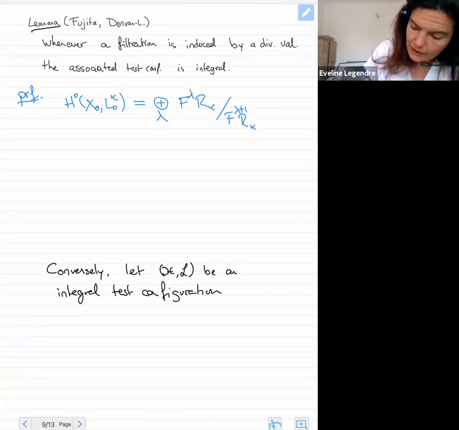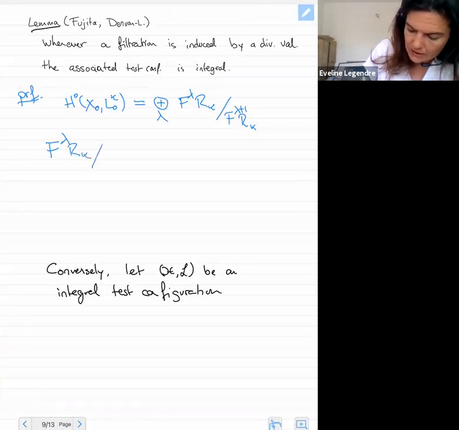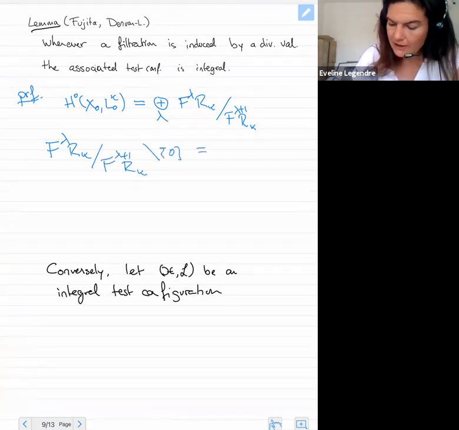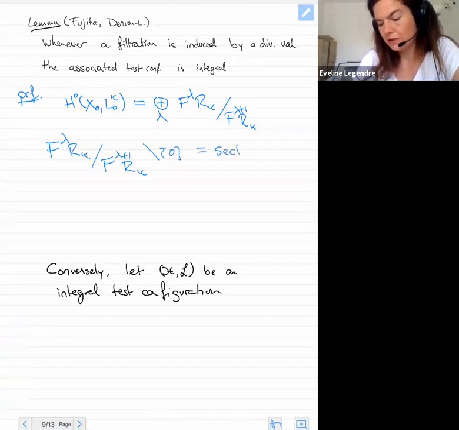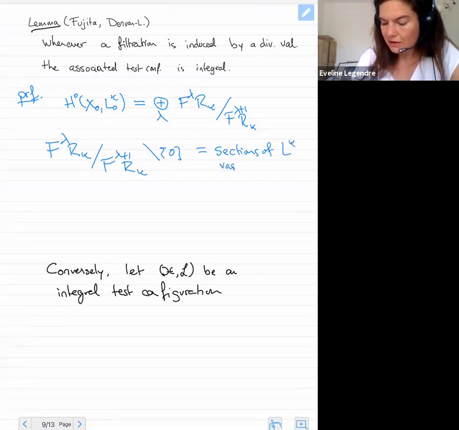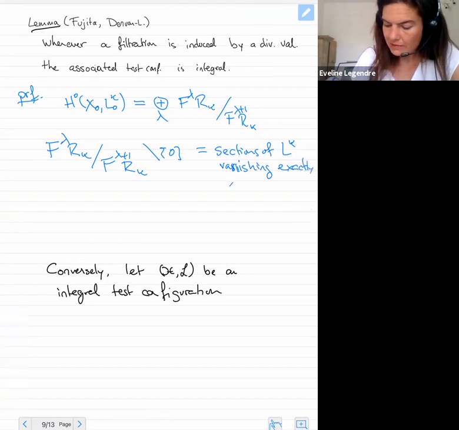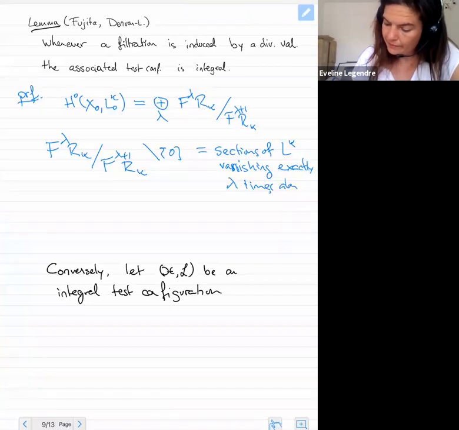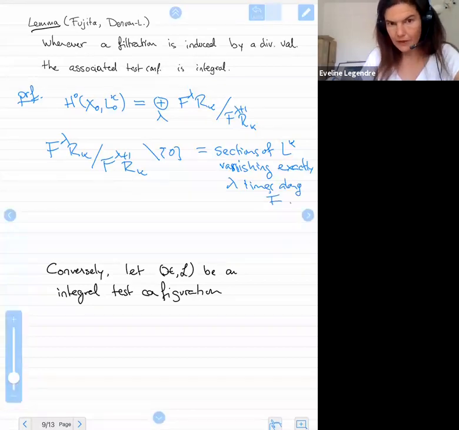In our case, if we look at the space F^lambda R_k quotiented by F^(lambda+1) R_k, if we take off 0, it's going to be exactly the sections of L^k vanishing exactly lambda times along F. Okay.